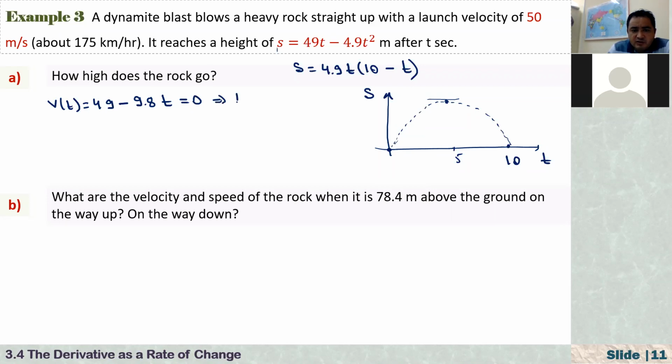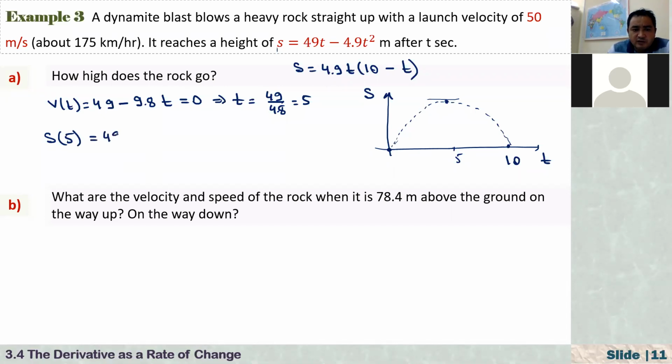If you solve this equation, t is equal to 49 over 9.8, which is equal to 5. So when t is equal to 5, it reaches the highest point, the peak. Now, how high? I need to evaluate the function at 5, which gives us the highest point.